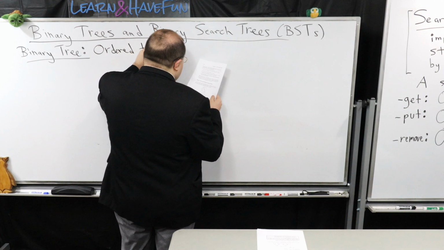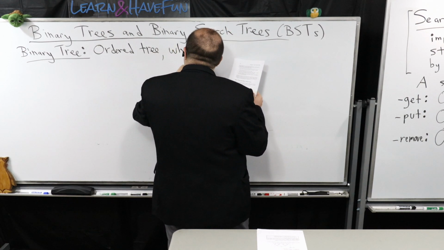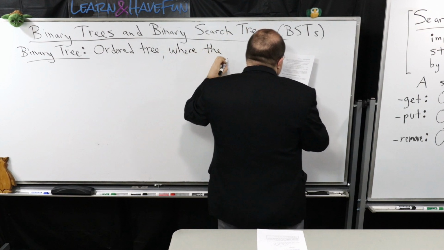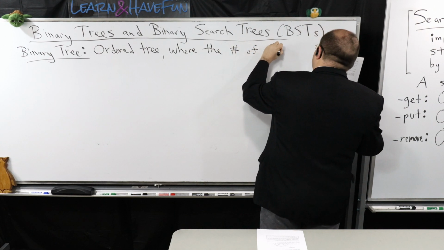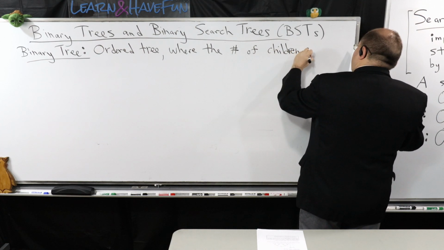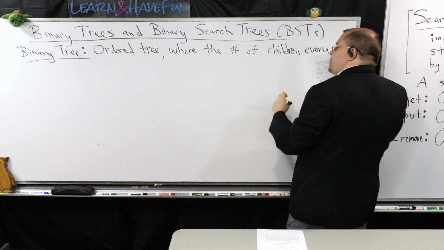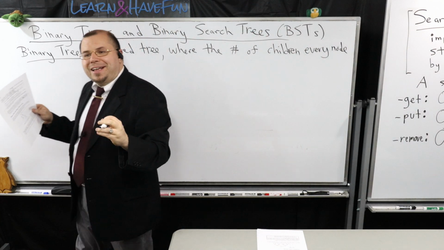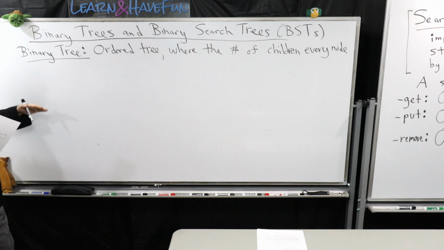A binary tree is an ordered tree where the number of children every node has is at most... can you take a guess of how many children each node has at most? Just look at the name.